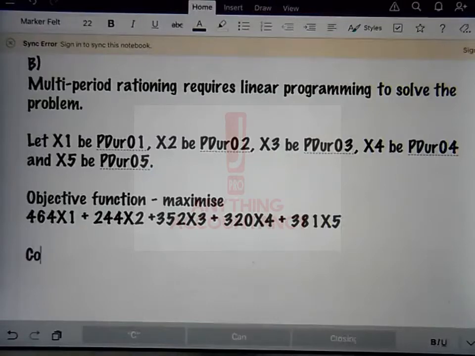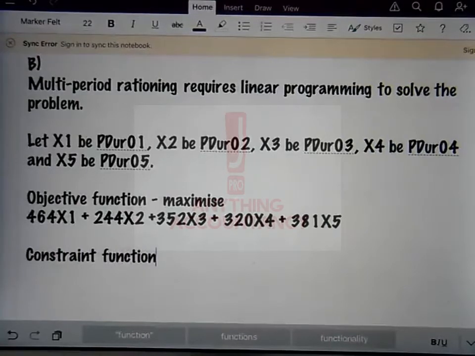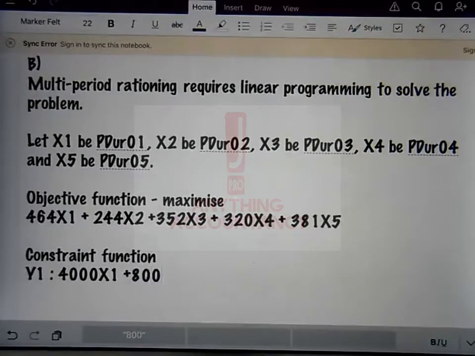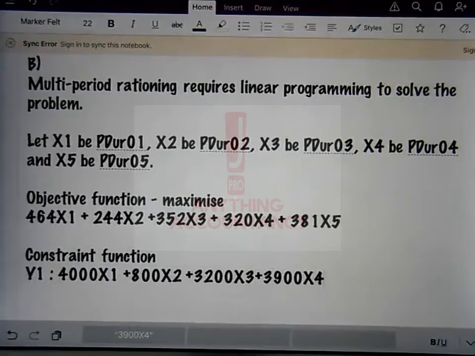Next, constraint functions. Year 1. I don't know how to enter that symbol.